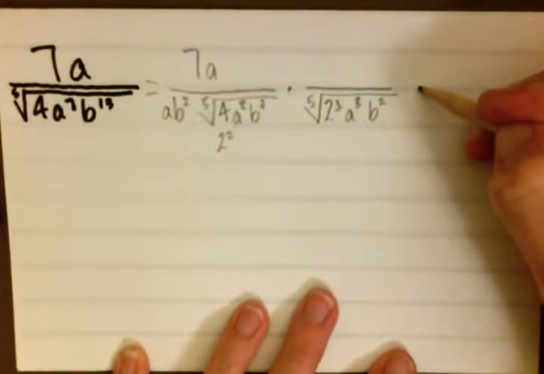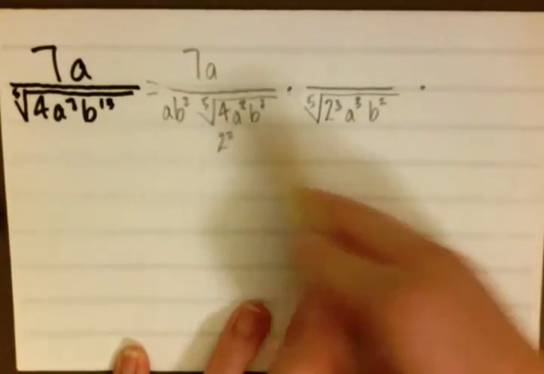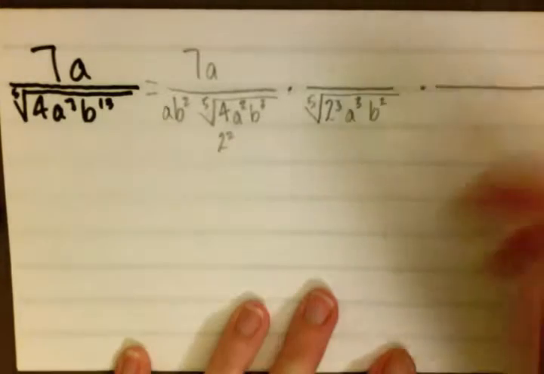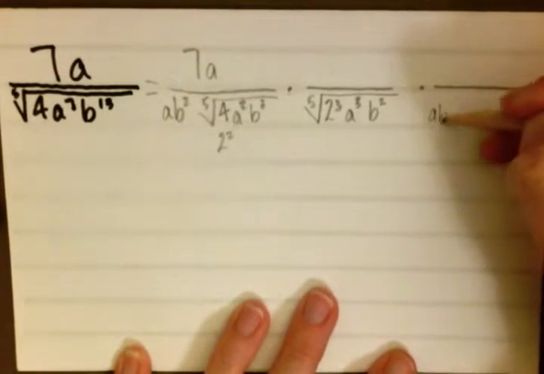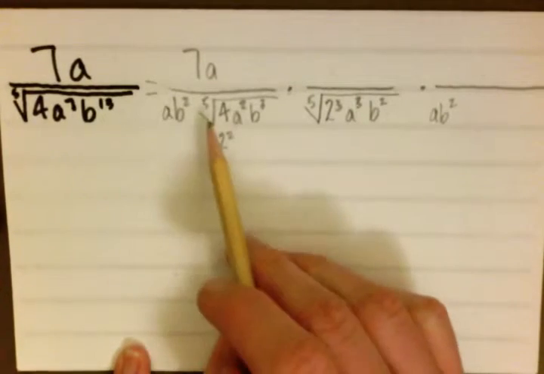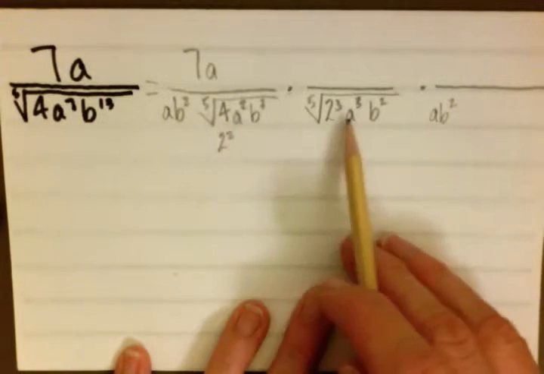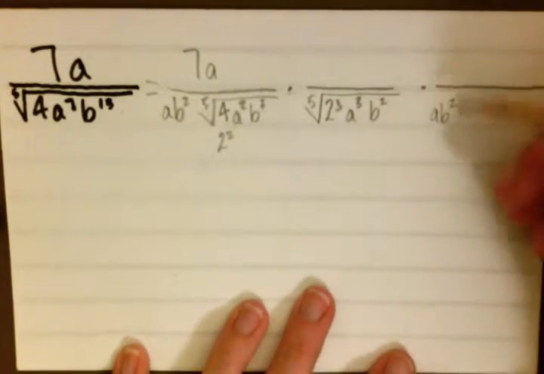So right now, I'm just going to go ahead and do this multiplication so we can get a clear vision of what we're doing here. We still have our ab squared. Now we can take the two radicals and multiply them together under one radical.